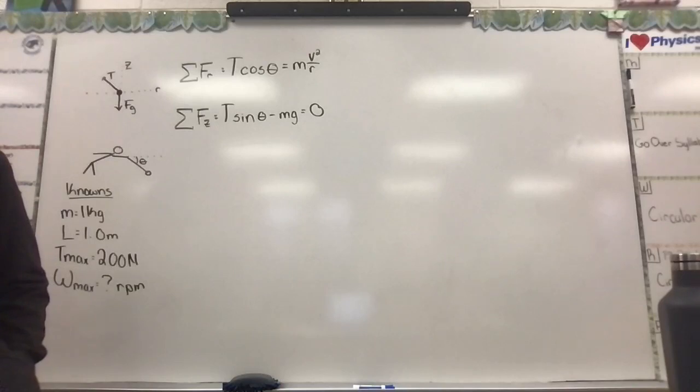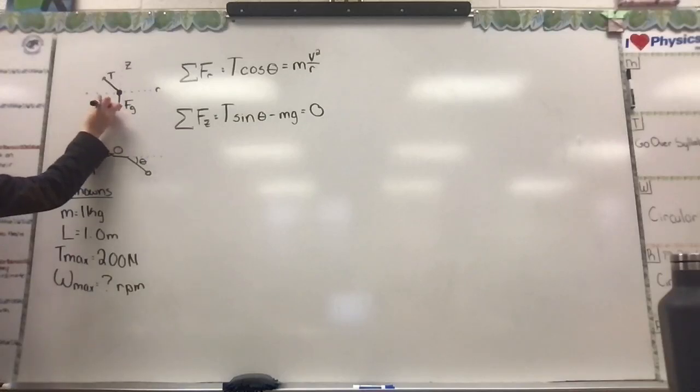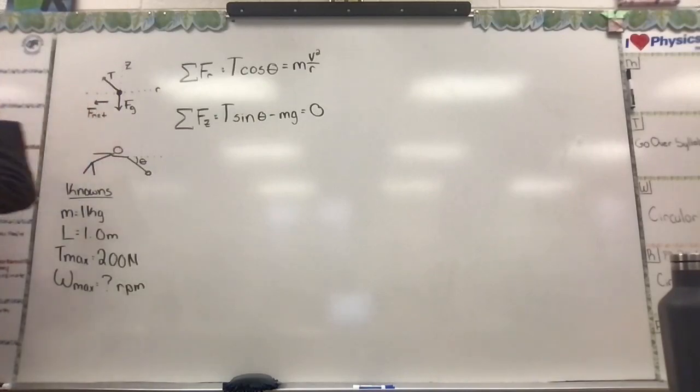Do you have an F net here? Yes, we do have an F net. Where do you think it's pointing? Towards the left, which is towards the center of the circle, you guys, and that is always considered positive. Okay? Because the center of the circle is always positive.